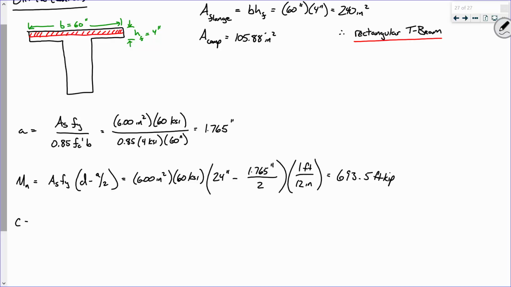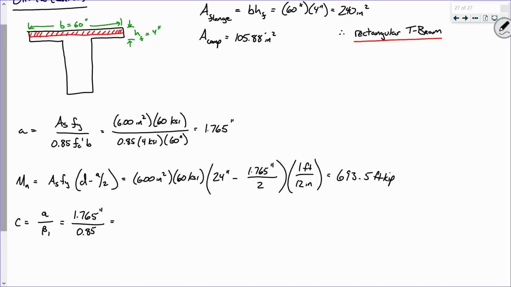So c is a divided by beta 1, which is 1.765 inches divided by 0.85, because we're dealing with 4 ksi concrete. But beta 1 and this are not the same thing. This is always a constant 0.85. Beta 1 could change, okay? They just happen to be the same quantity.